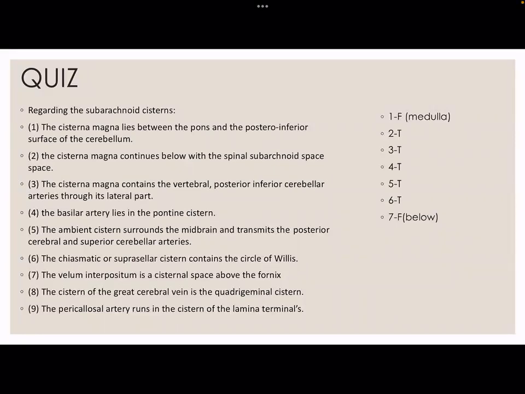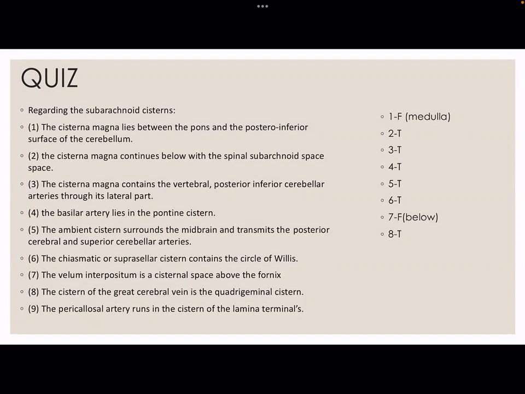Number 8. The cistern of the great cerebral vein is the quadrigeminal cistern. It's true. The great cerebral vein, or vein of Galen, is located below the splenium, in the quadrigeminal cistern here.